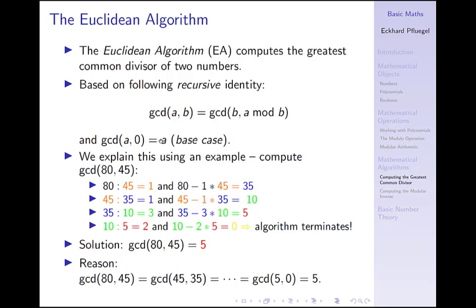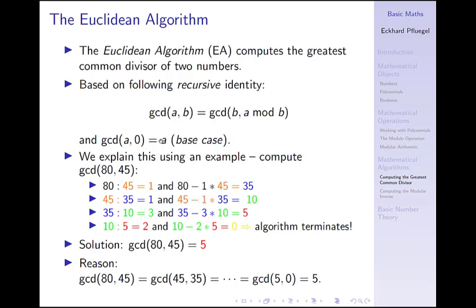So if that troubles you, don't worry, because we don't really need to understand the recursiveness of this definition. We just need to be able to run the algorithm, and the best way is probably to do this using an example. So just be very careful when you do this and always stick to my notation, because otherwise you get stuck with the extended version of the Euclidean algorithm in the second part.